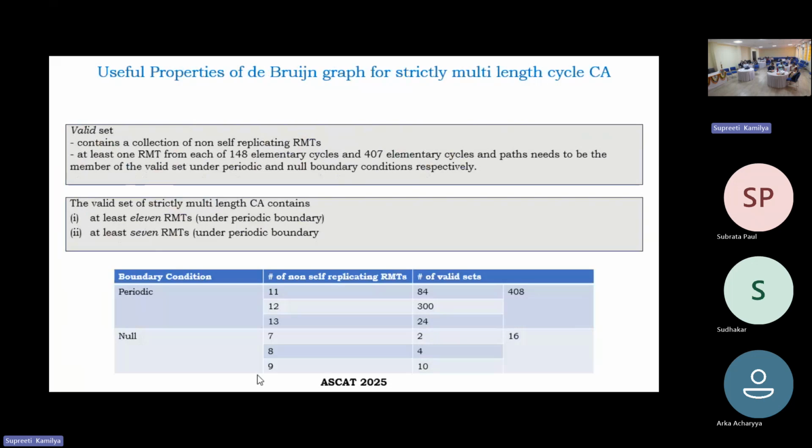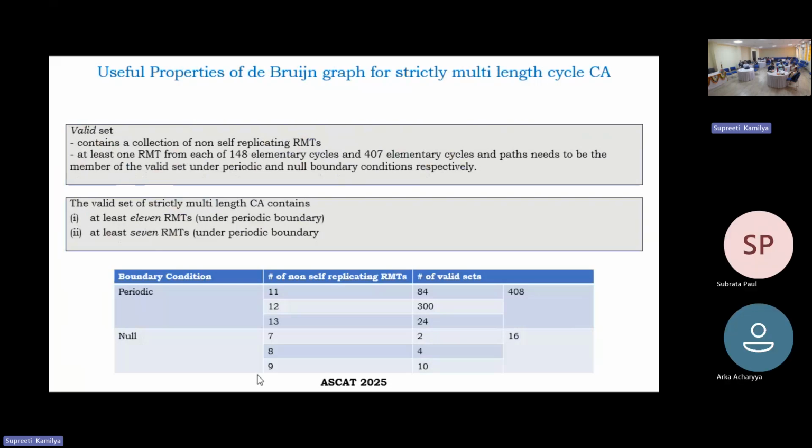Next is the valid set. In the initial phase of my talk, I told you to consider whether only the count is important, or the proportion, or the distribution: which RMTs need to be non-self-replicating. When we have 148 elementary cycles, just for periodic boundary, I should design those 148 cycles in such a manner that from every set there is at least one non-self-replicating RMT.